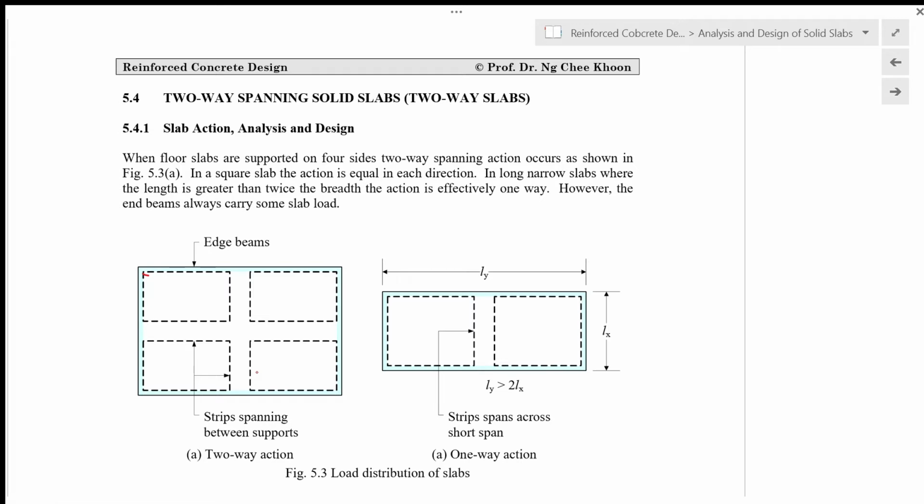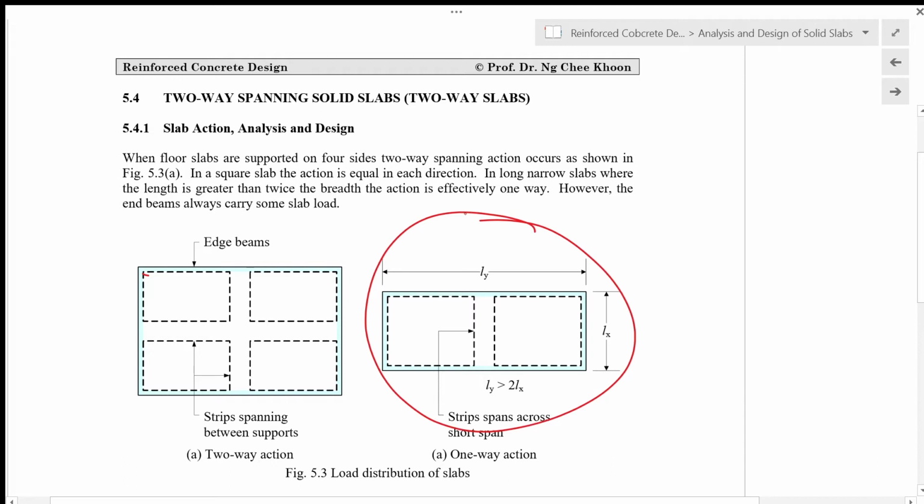In long, narrow slabs where the length is greater than twice the breadth, the action is effectively one way, as shown in this figure, in which we have looked at the design in the previous lecture, where the load is only transferred in one direction, this way.